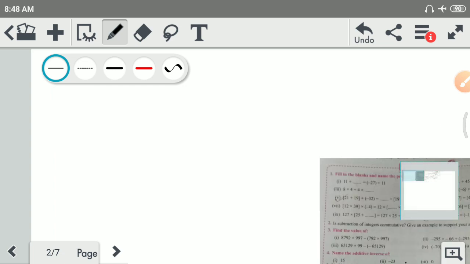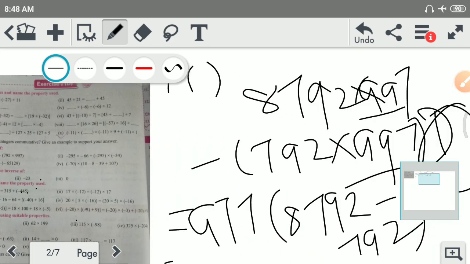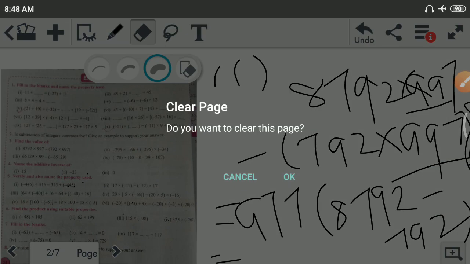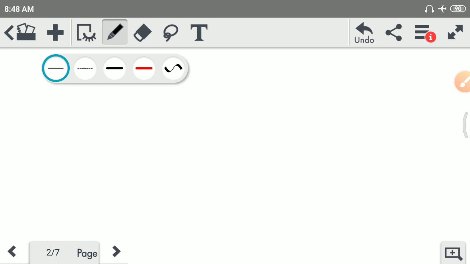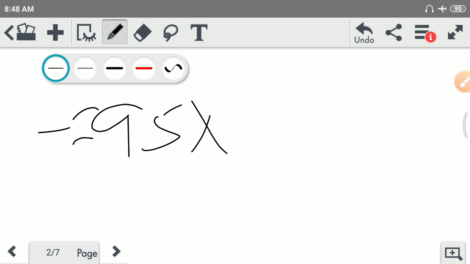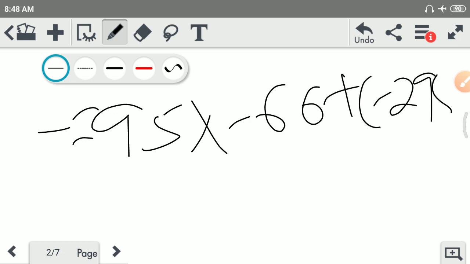Now see question number 2. Question number 2 is minus 295 into minus 66 plus minus 295 into minus 34.